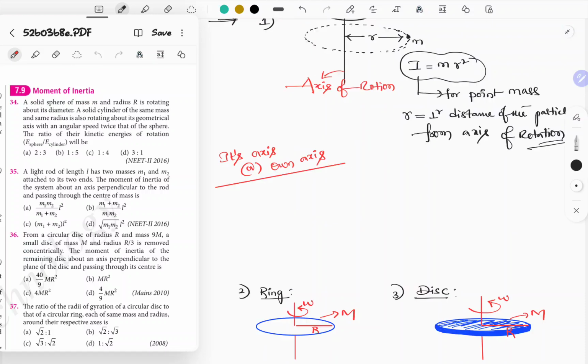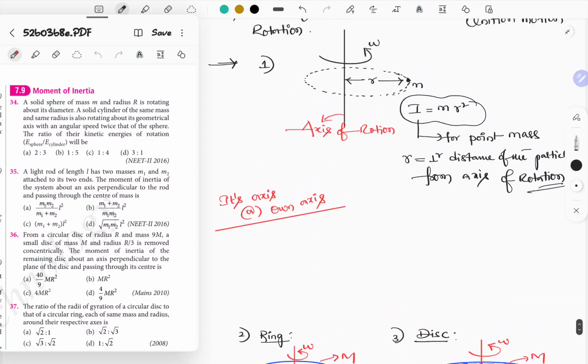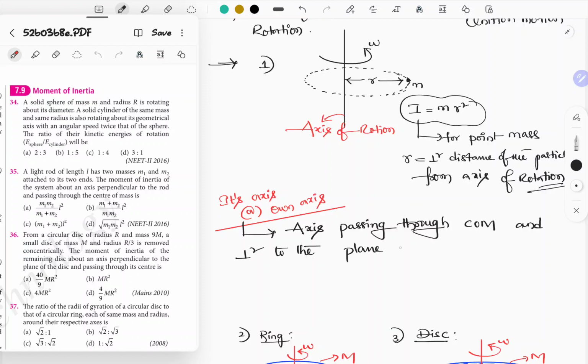Next, first of all, let's understand the meaning of its axis or own axis. The meaning of its axis or own axis is the axis passing through the center of mass and perpendicular to the plane of the body.